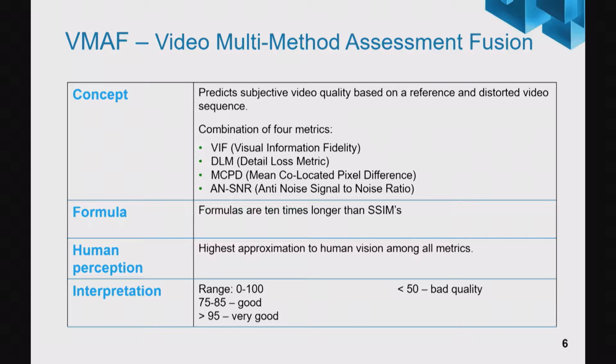VMAF is much better, and again, about 10 times more CPU power is needed to compute. It's much closer to human eyes, and I have played with VMAF for almost a year and a half, and I may say that for those who do not need to calculate video metrics for each pixel or for each block of a frame, VMAF is good enough.